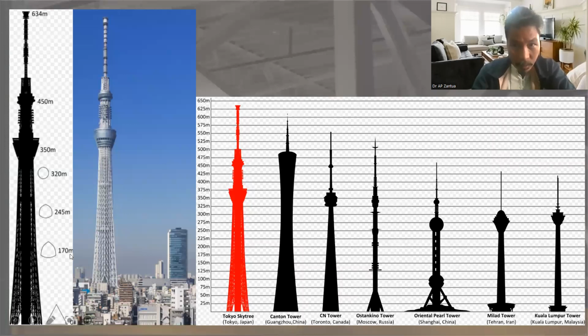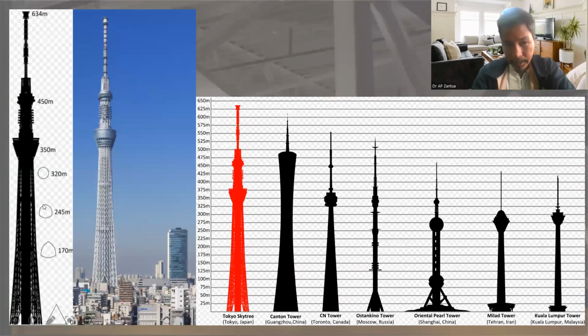At 170 meters going up, the shape is still some sort of triangle, but with legs curving, much like a circle, on its sides.